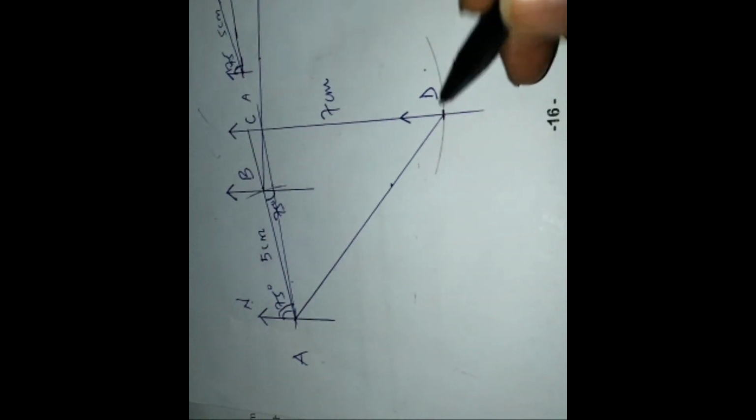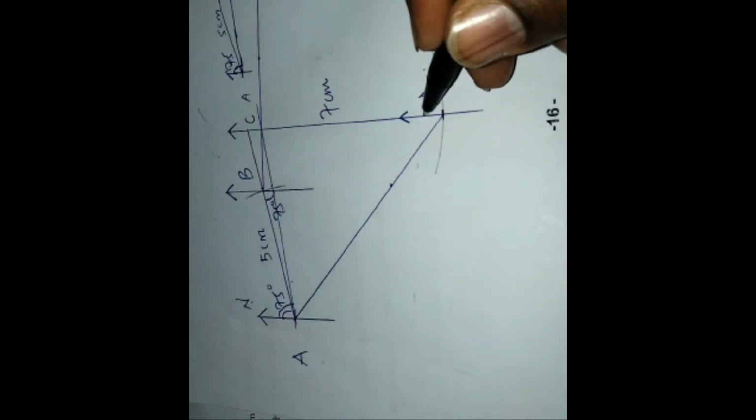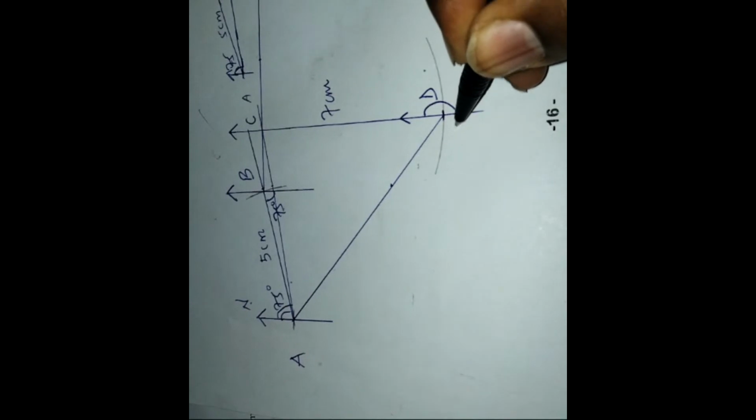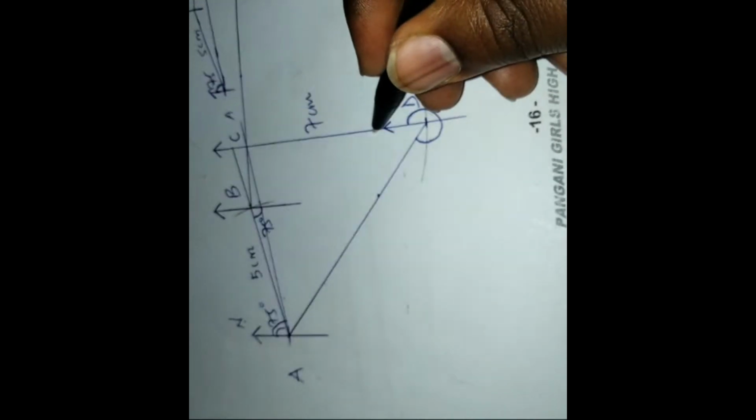The next will be the bearing of A from D. Which means we will measure the angle from D. So at D, we need to measure either the true bearing, by measuring the angle from the north all the way until we connect with the line taking us to A, or simply we measure the acute angle here.